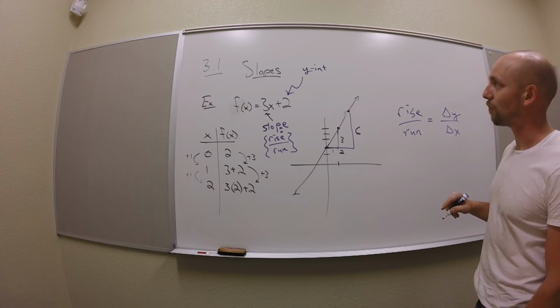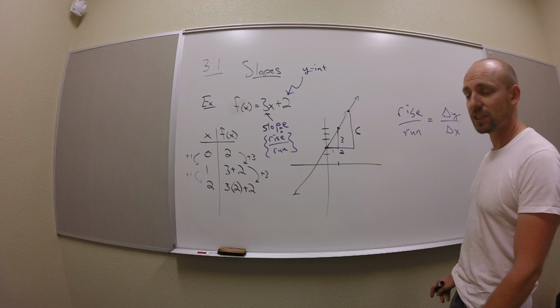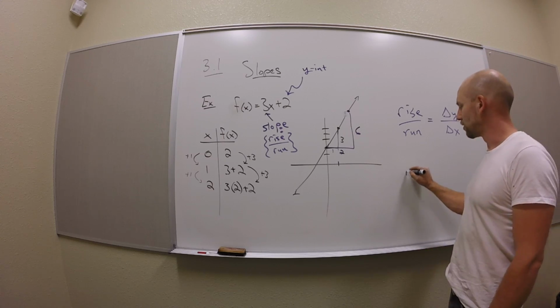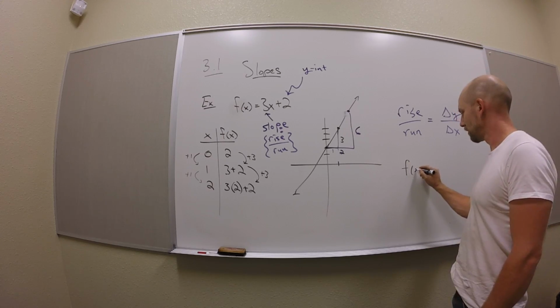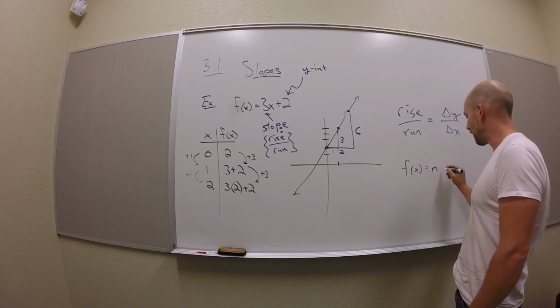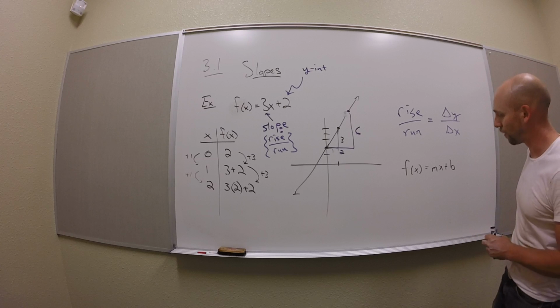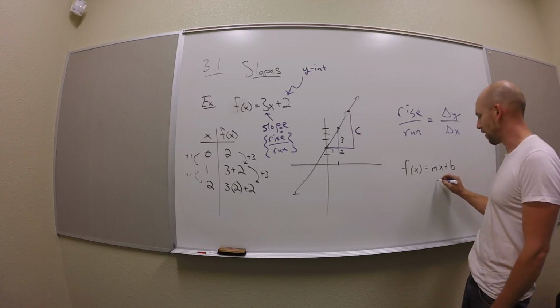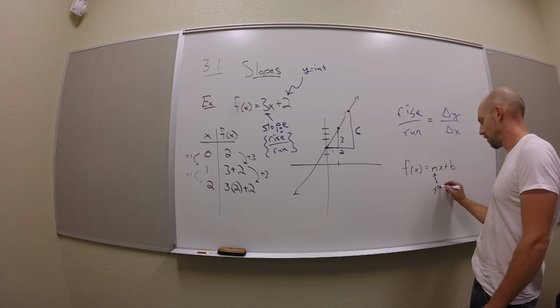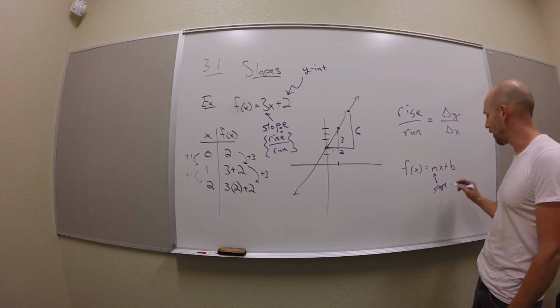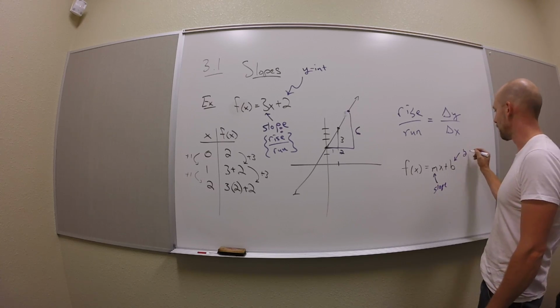Let's see, what else should we know? I think this gives me a nice, easy way of recognizing lines. So when I've got a line as f of x is mx plus b, now this gives me words for m and b. M's the slope, which is the rise over the run. And b is the y-intercept.